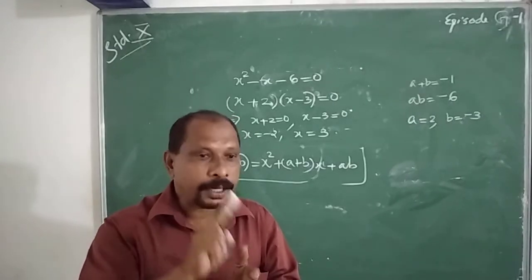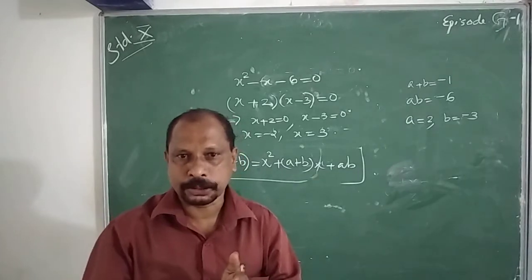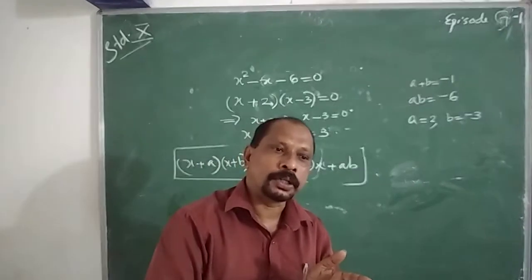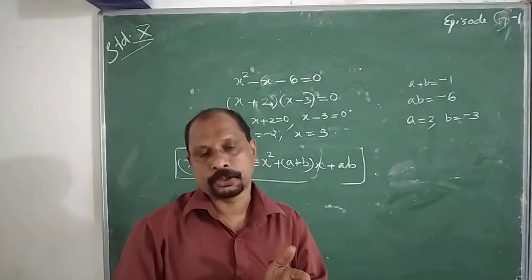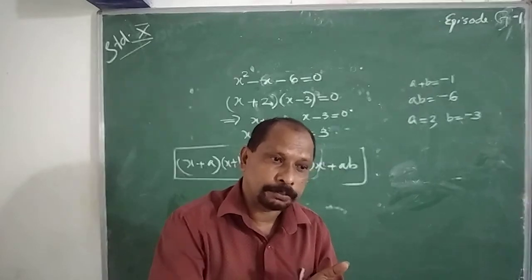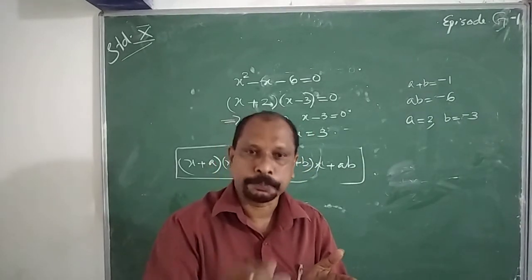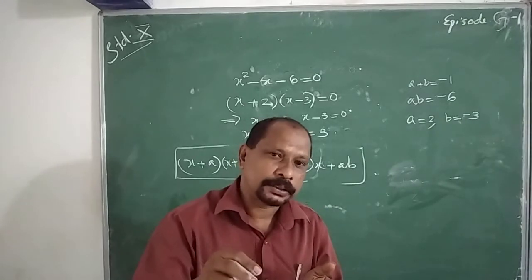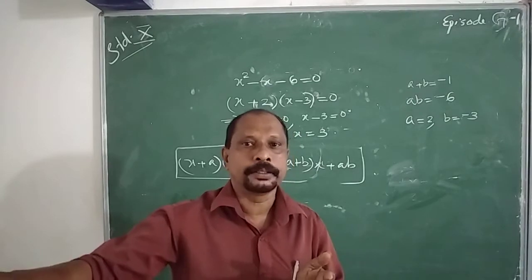That means (a plus b) the whole square is equal to a square plus 2ab plus b square. (a minus b) the whole square is a square minus 2ab plus b square. (a plus b) into (a minus b) is a square minus b square. And the last identity is (x plus a) into (x plus b) is equal to x square plus (a plus b) into x plus ab.